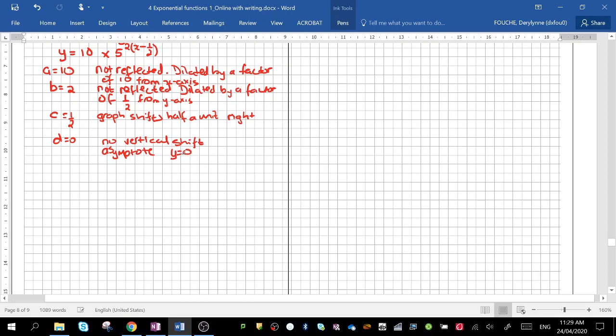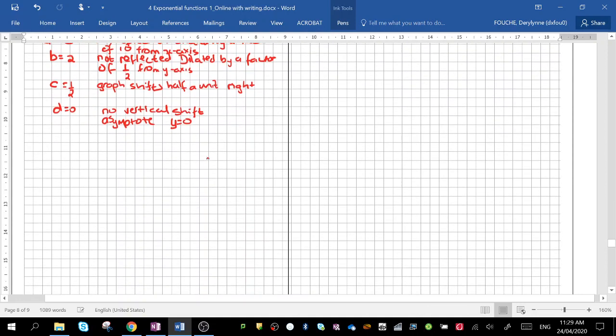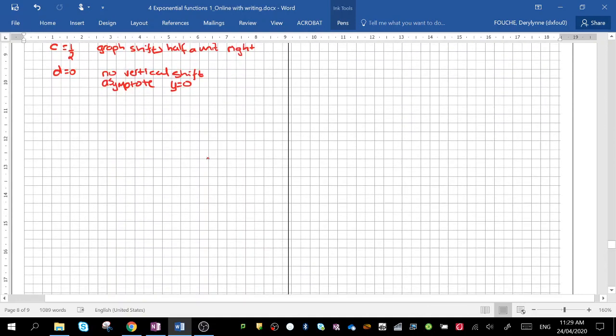Remember, our d value tells us what our asymptote is. Okay, now as for any graph, we need x-intercept, y-intercept, asymptotes, and if there isn't the two intercepts, we will need another point. Remember, we need at least 2 points for these graphs.